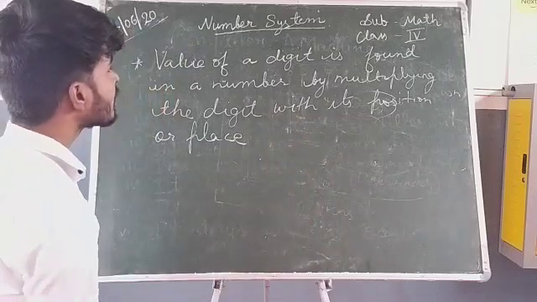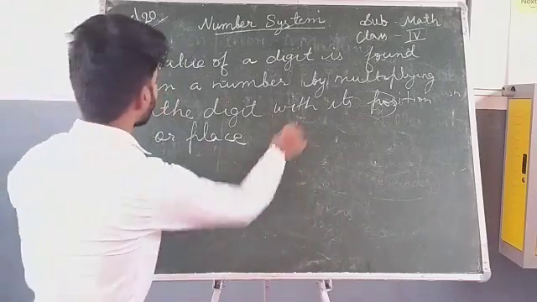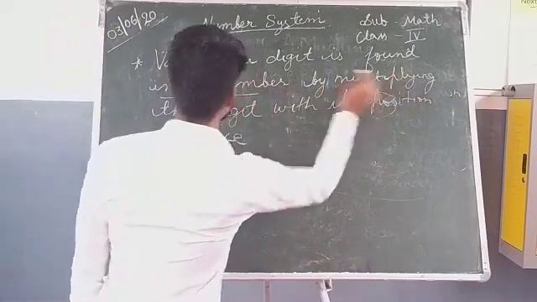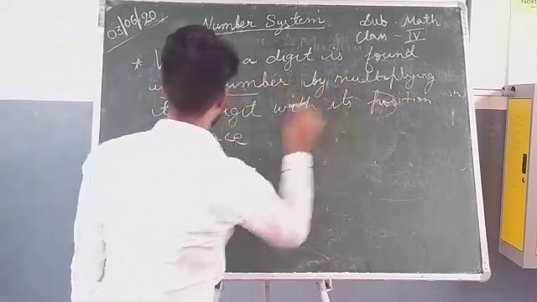So how can we find the value of a digit? Value of a digit is found in a number by multiplying the digit with its position or place.